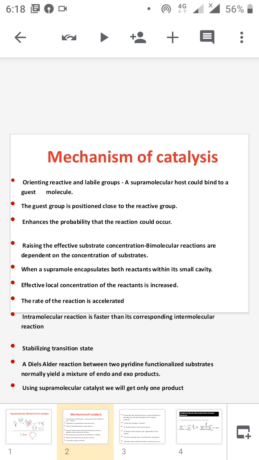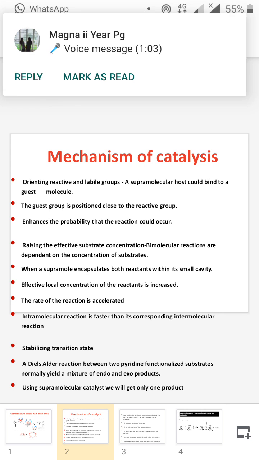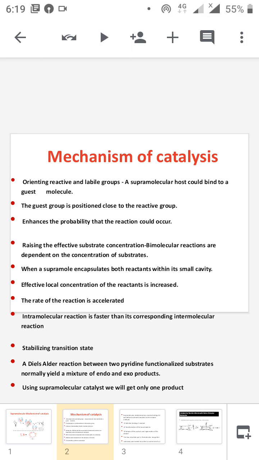For example, a Diels-Alder reaction between two pyridine functionalized substrates normally yields a mixture of the exo and endo products. But if you use the supramolecular catalyst, we will get only one product, either the exo or the endo product.